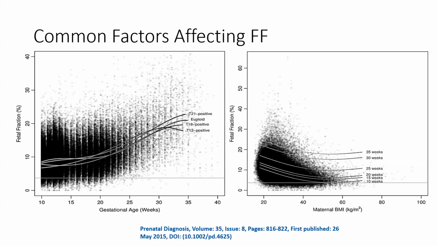So if you have more maternal cell-free DNA, because of the fraction of the placental DNA, you often will get lower cell-free fetal DNA fraction because of the dilution within that maternal bloodstream. So we know that there is an inverse relationship between maternal BMI and fetal fraction. Similarly, as I mentioned, with the gestational age, we have a direct relationship there. The further along a pregnancy, the higher a fetal fraction should be.